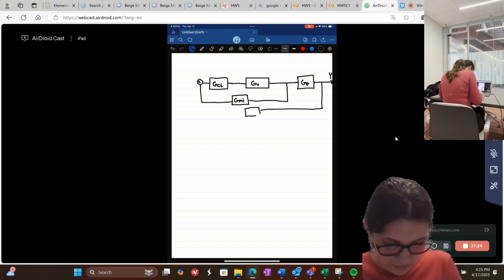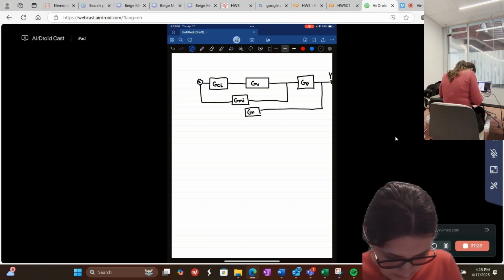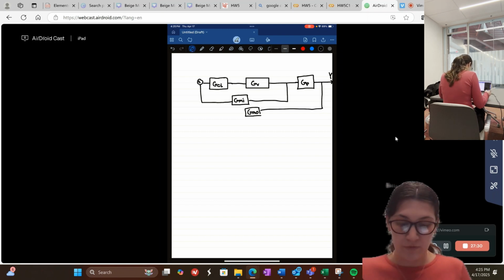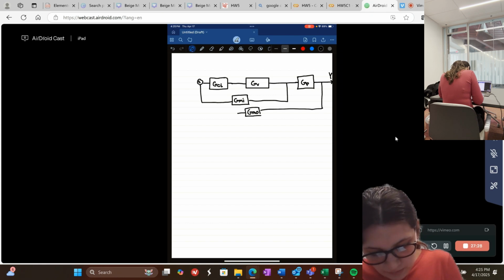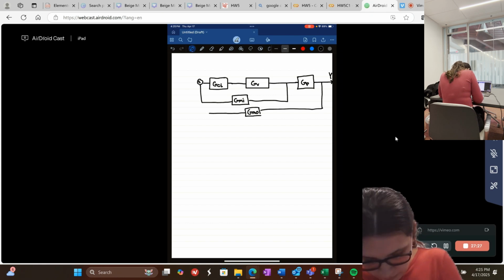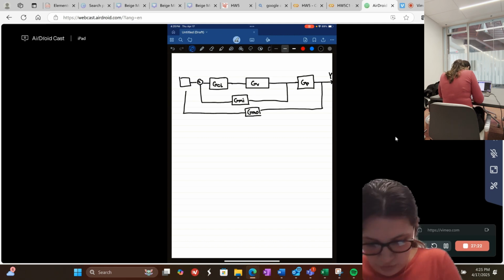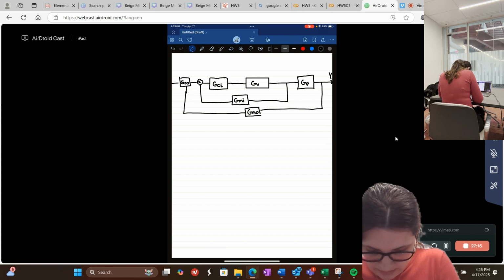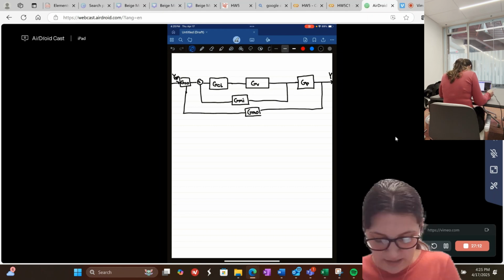Again, we'll assume that it's 1, but still there, so GMO for outer, and it would go all the way around this inner loop, where we would then see our controller for the outer loop, GCO, and then our set point would be put in on this side.